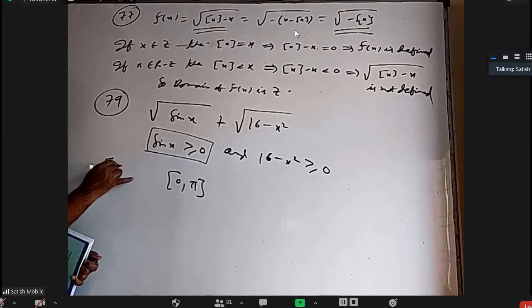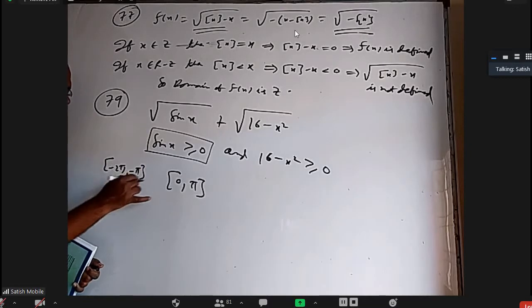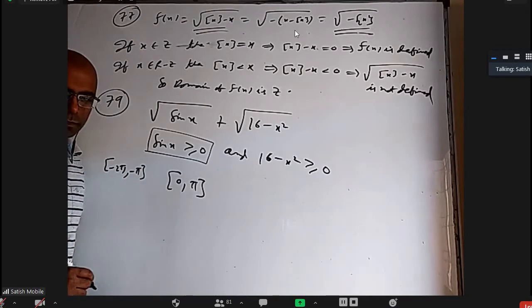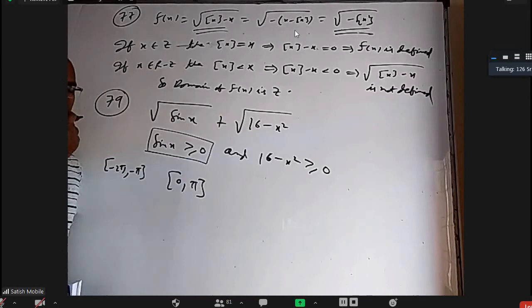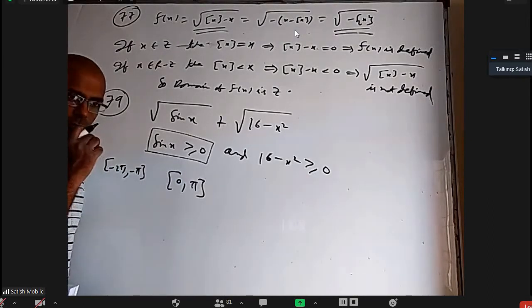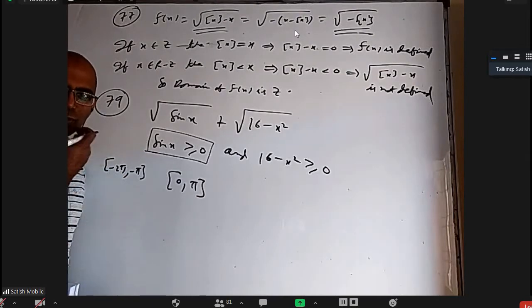Okay, somebody is saying minus 2 pi to minus pi. That is also good. Anything else? Sir, all integral values of pi. Yes, all integral values of pi. Not integral values, sorry. Integer multiples of pi, I think you wanted to say. Okay.